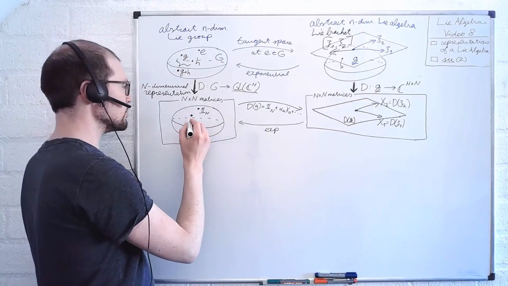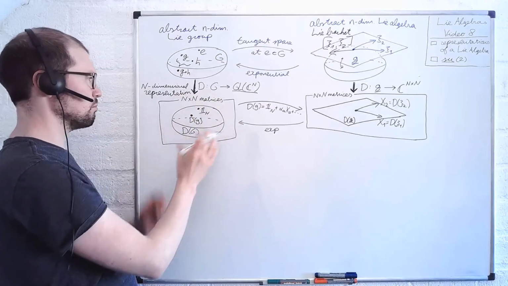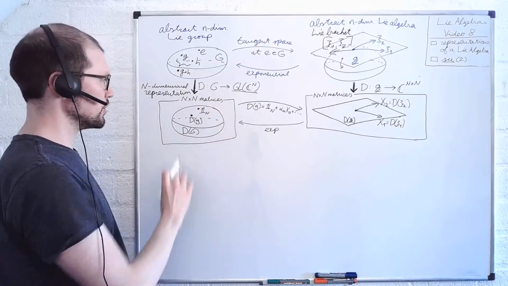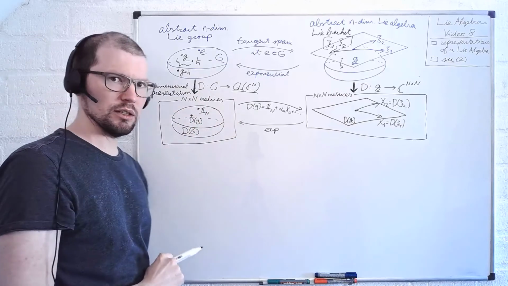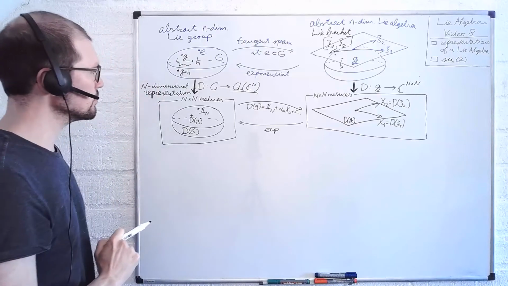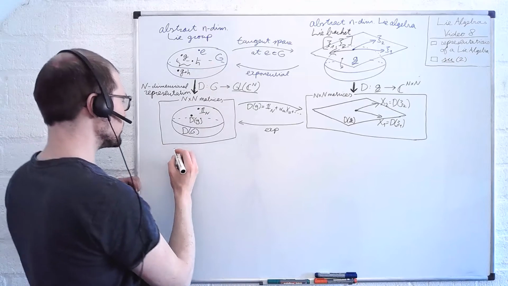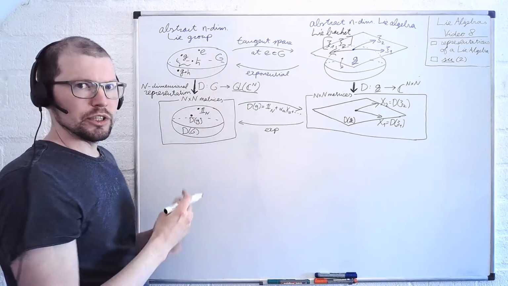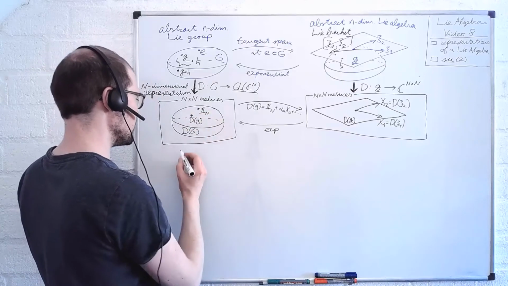And the collection of all these points, it will be some manifold, some continuous hypersurface within all the n by n complex matrices that one can consider. Okay, and of course there is the requirement that the group structure on the Lie group becomes just matrix multiplication here in the set of matrices.